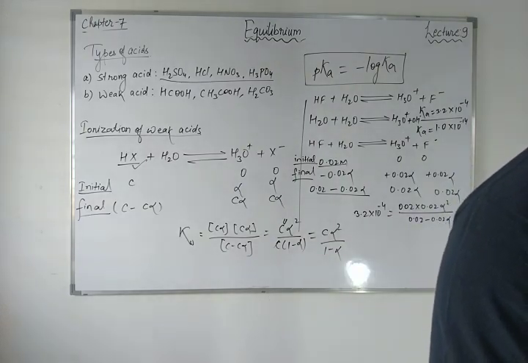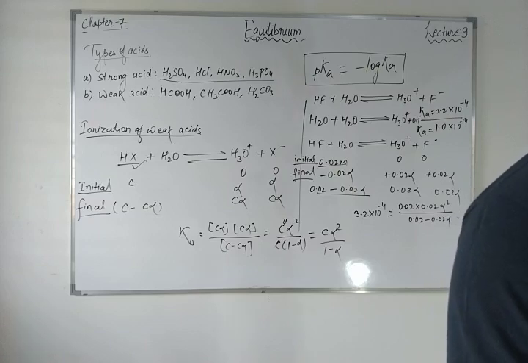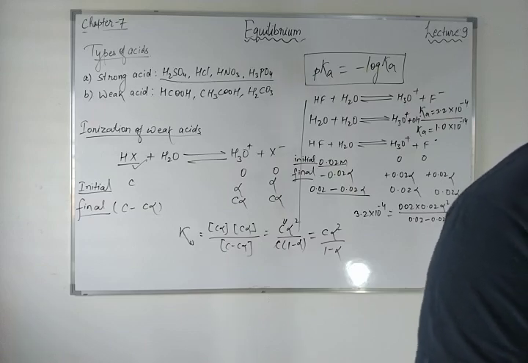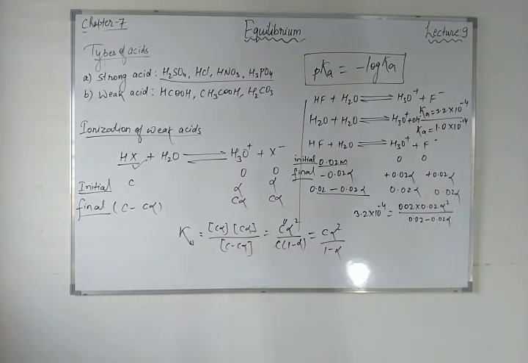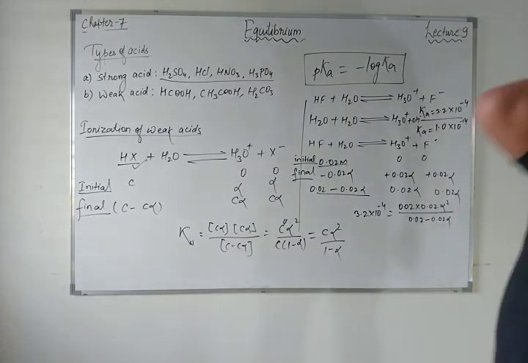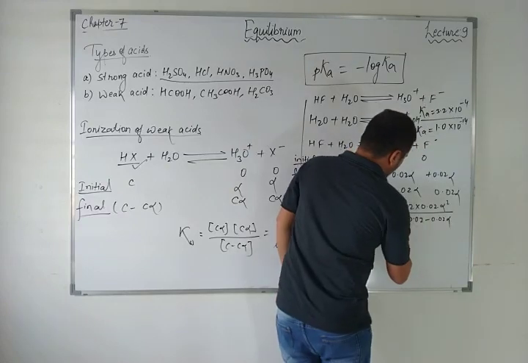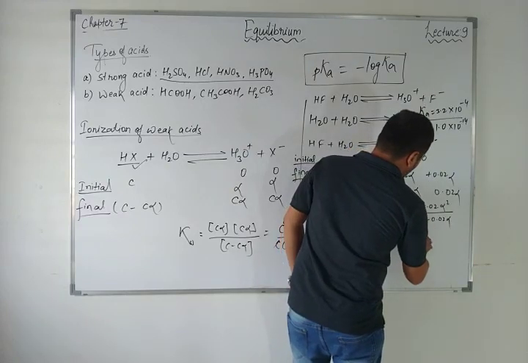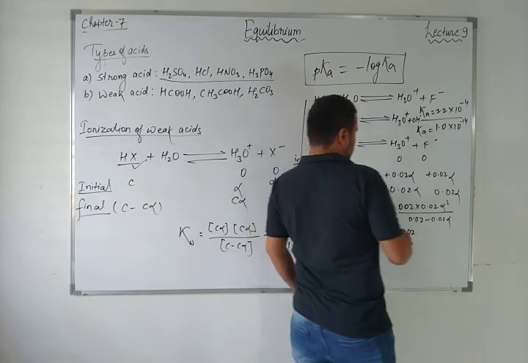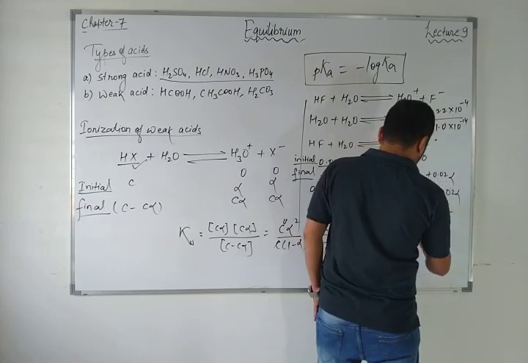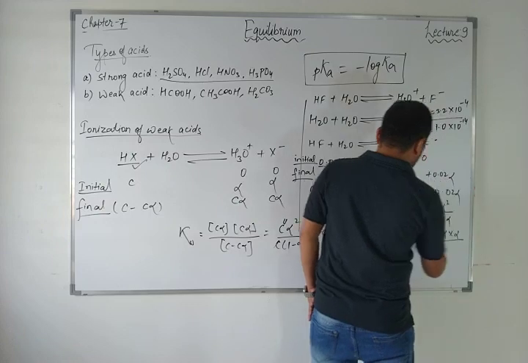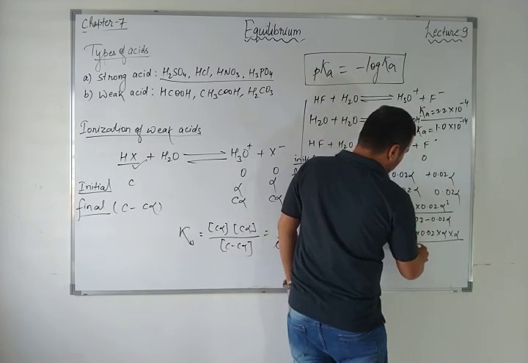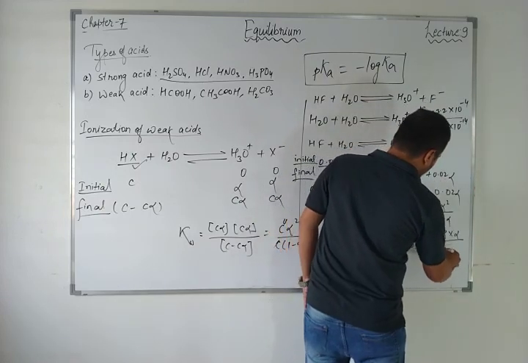So here, first of all, we put 0.02 into 0.02 alpha into alpha, that is alpha square. And in the denominator we take common 0.02, 1 minus alpha.